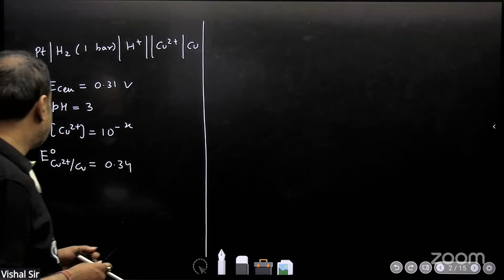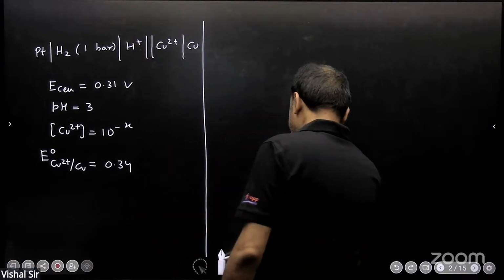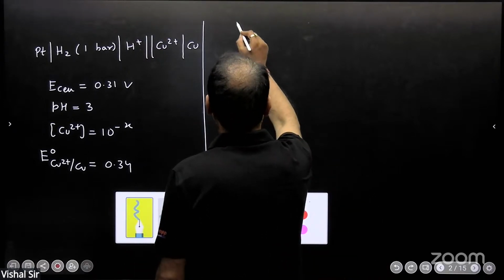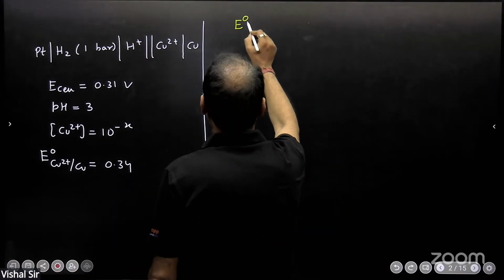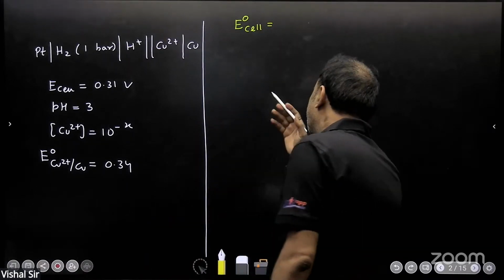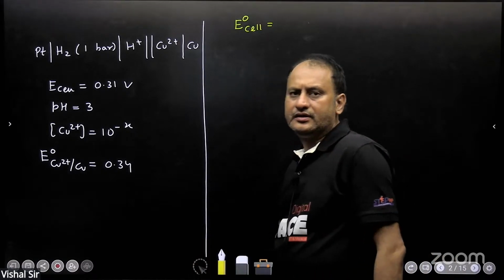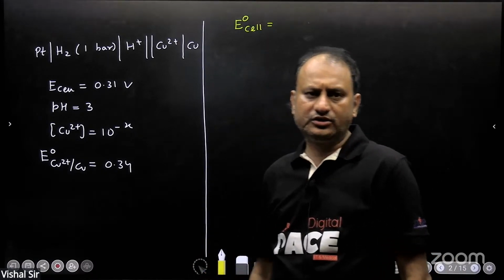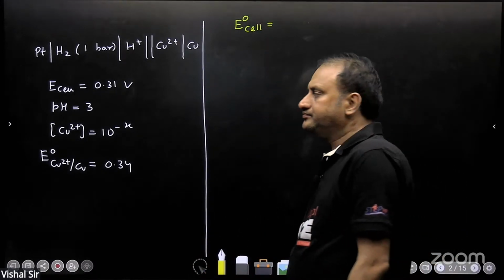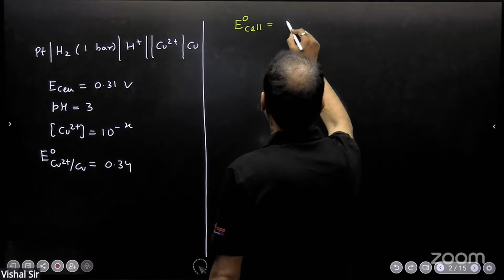Okay, let's see now. E naught cell: cathode is the copper half cell, anode is the hydrogen half cell, and the E naught value of the hydrogen half cell we know is 0. And for the copper half cell we are given 0.34.